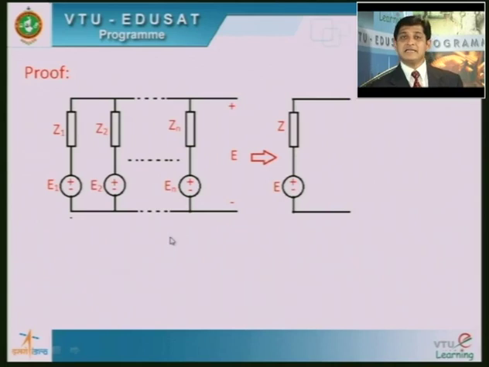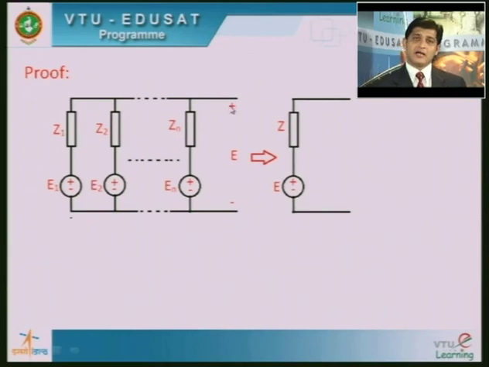In it, if you have EMF E1 in series with Z1, EMF E2 in series with impedance Z2, and such branches connected in parallel like this, then such a network can be replaced by an equivalent single EMF in series with one impedance Z. So how to obtain Z and E is what we are interested in now.